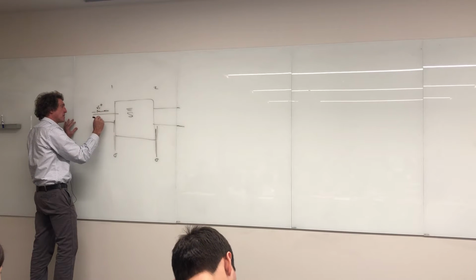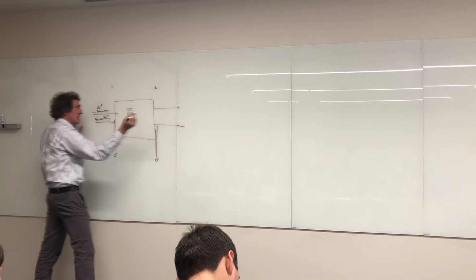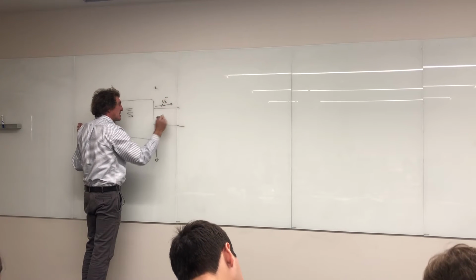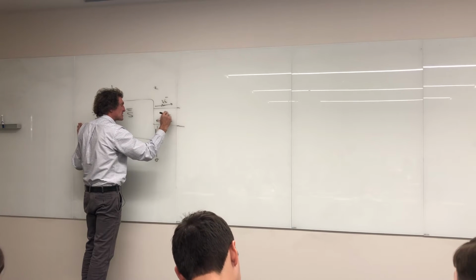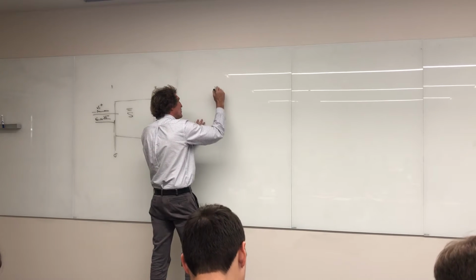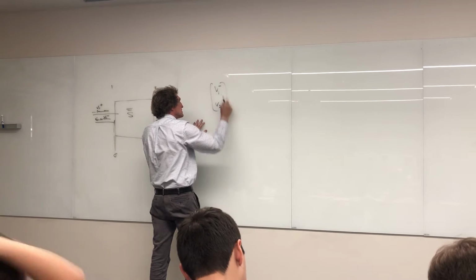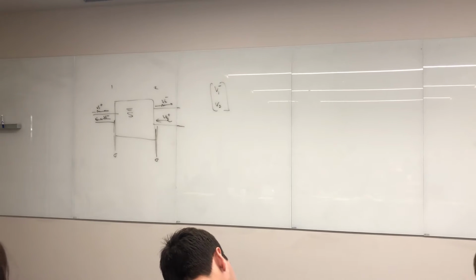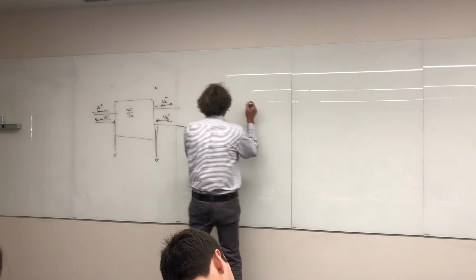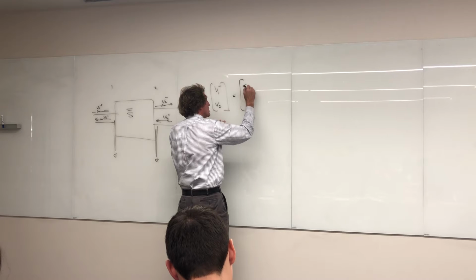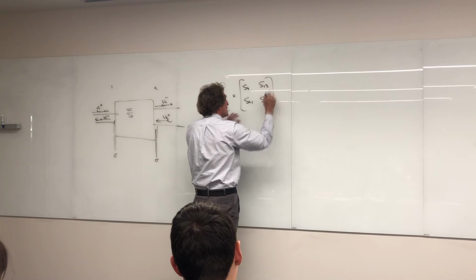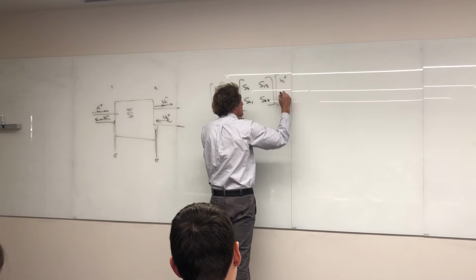V1 plus coming in and V1 minus coming out and V2 minus coming out and V2 plus coming in, we can write [V1 minus, V2 minus] equal to [S11, S12; S21, S22] times [V1 plus, V2 plus].